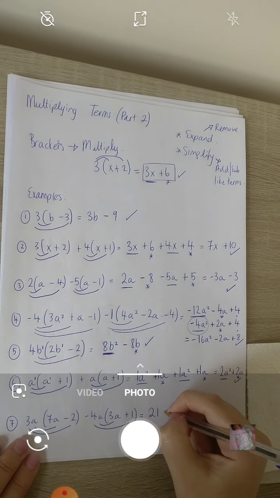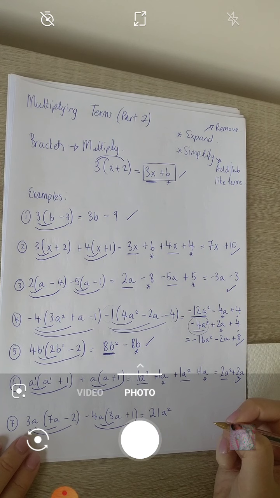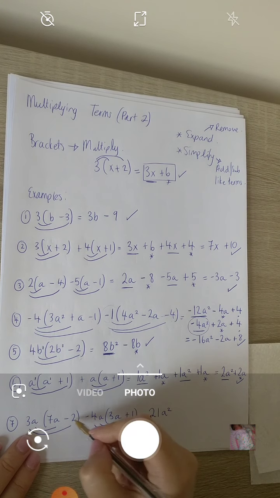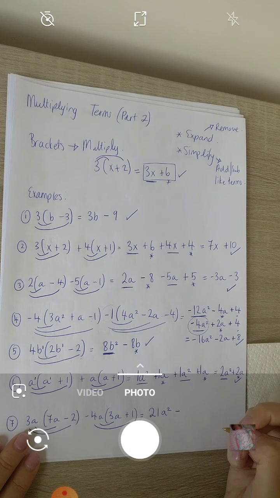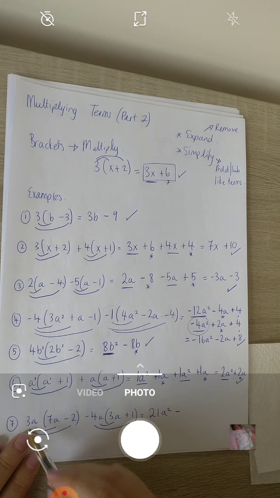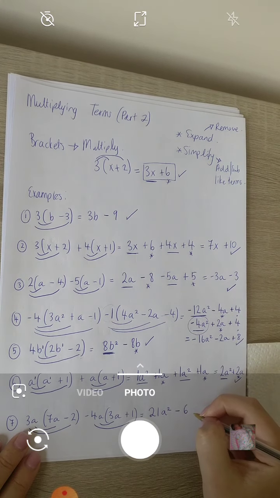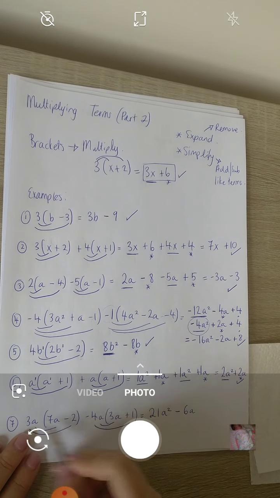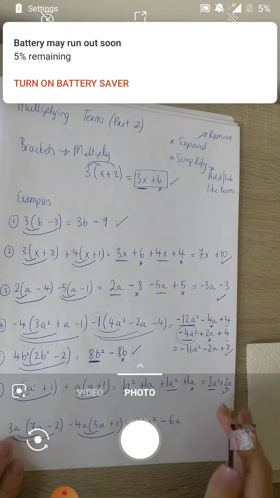A by a is a squared. Okay. And then 3a by minus 2. So first of all, we've plus by minus is minus. Then we have 3 by 2, which gives us 6. And the a just gets carried along because there's only one a here in both of those terms.